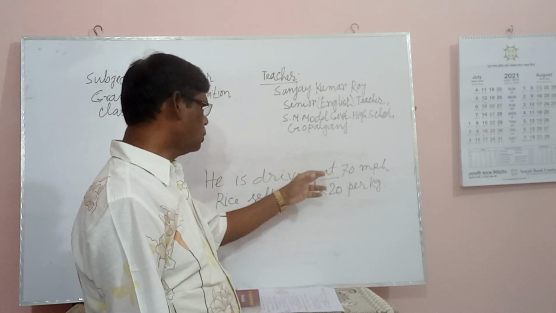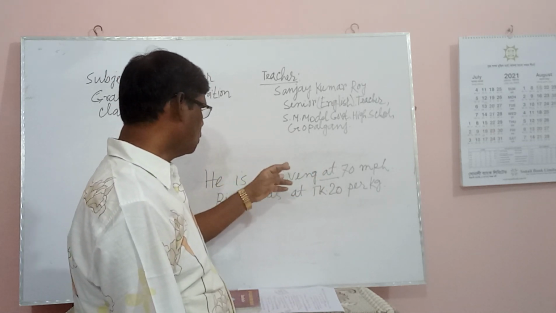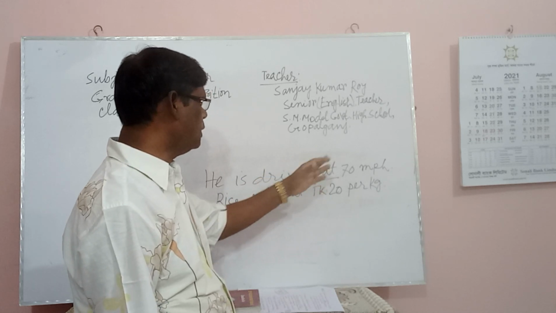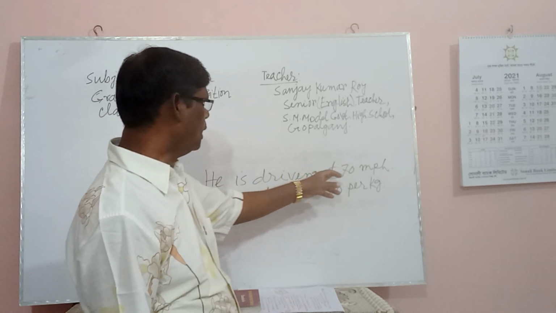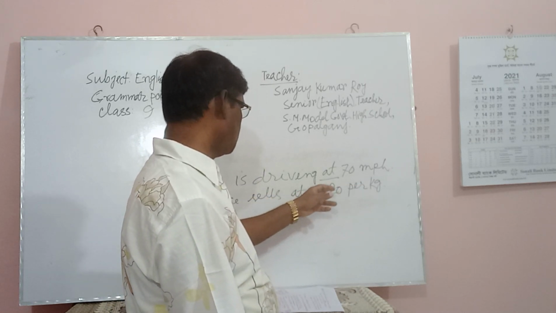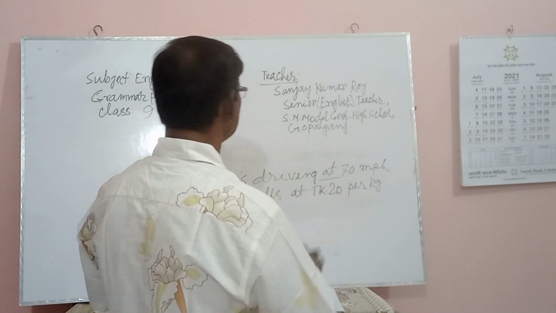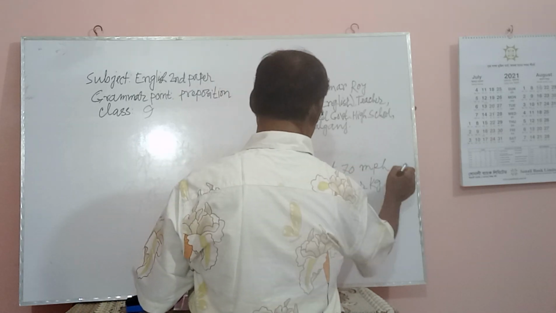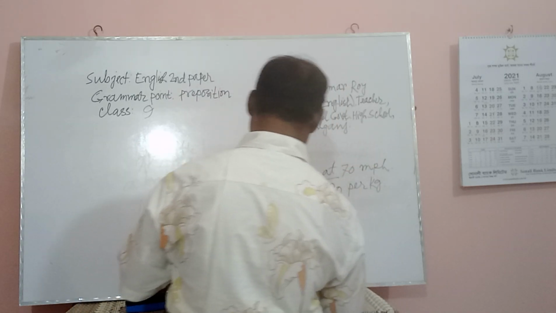At is also used to show rate, speed, etc. He is driving at 70 miles per hour. Rice sells at taka 20 per kg. Here this indicates speed, and here rate.